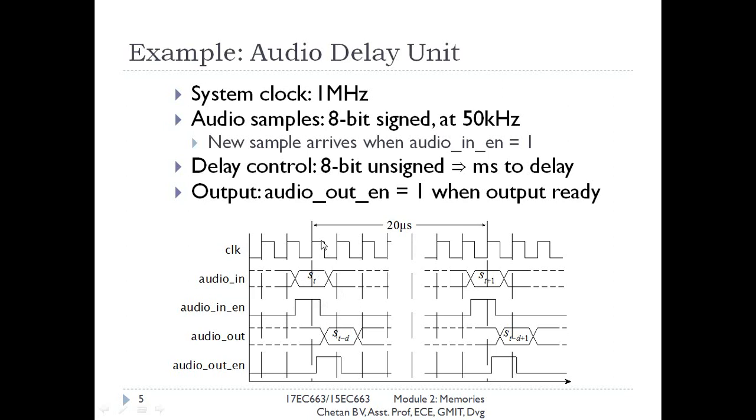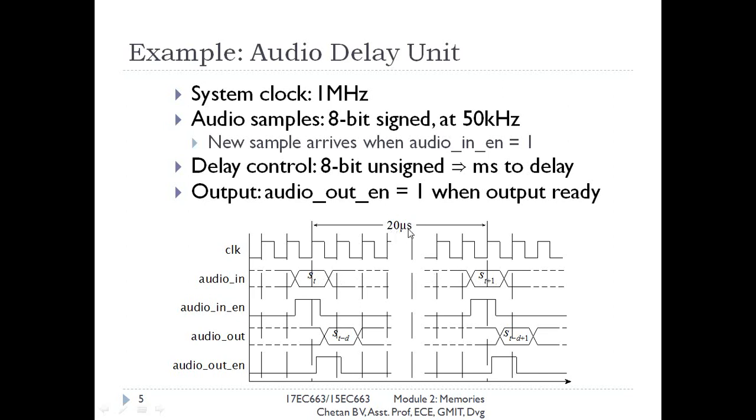In this waveform you can observe the 1 MHz clock. This is audio in, and these are the samples. If you consider this S(T) as the first audio sample which is arriving, after 20 microseconds the second sample will arrive, S(T minus 1). So the time between these two samples is 20 microseconds.